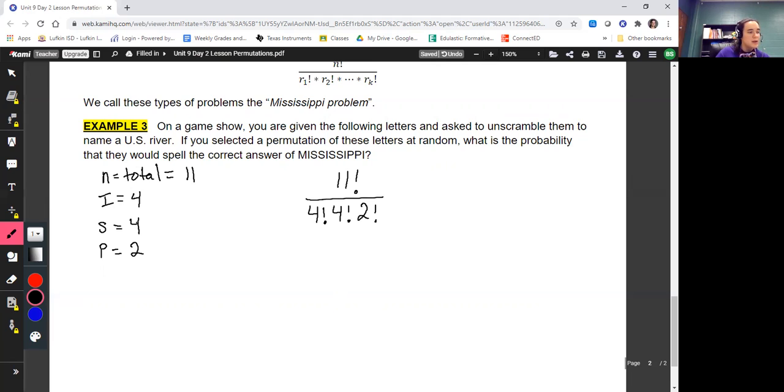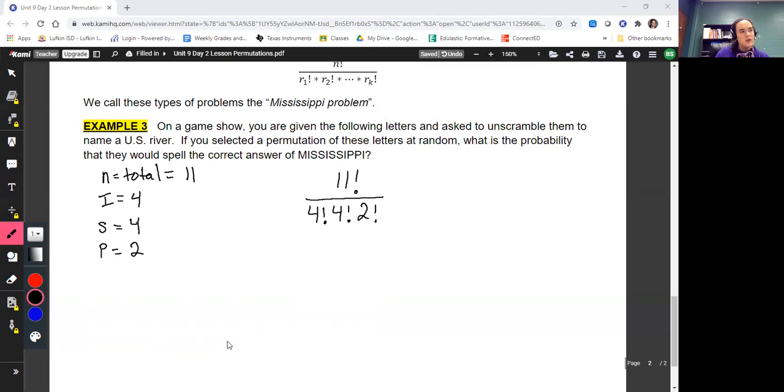So I do highly recommend using the control divide feature if you're on Inspire, because you need to make sure that the 4 factorial, 4 factorial, and 2 factorial are all in the denominator. So control divide, 11 factorial, arrow down, 4 factorial, 4 factorial, 2 factorial.